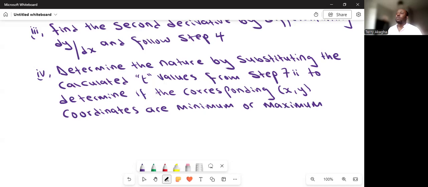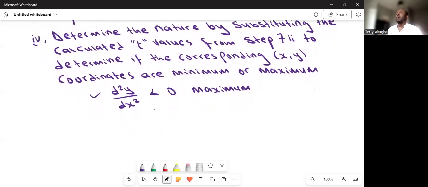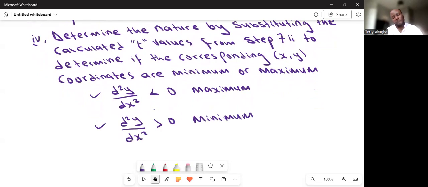So if you solve it and you get d2y over dx squared less than 0, it means it's a maximum. And if you solve this and you get d2y over dx squared greater than 0, that means it's a minimum. Okay, and that is it for that as well.